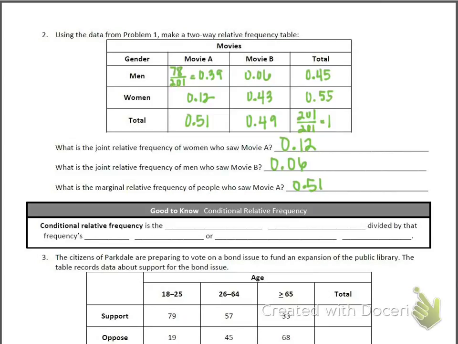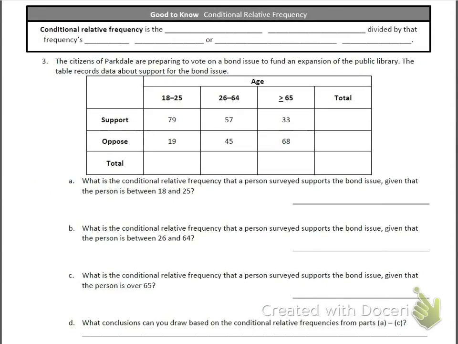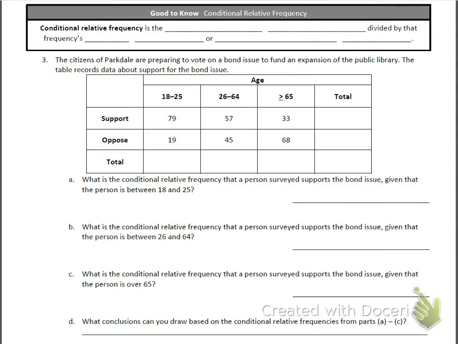Because of course I can't make it that simple. So we also have what is called conditional relative frequency. So it has the word relative frequency in it, which kind of gives me a clue that it's going to be a decimal. So I'm going to be looking at fractions.